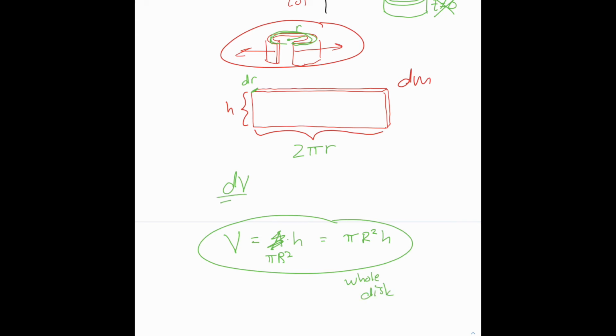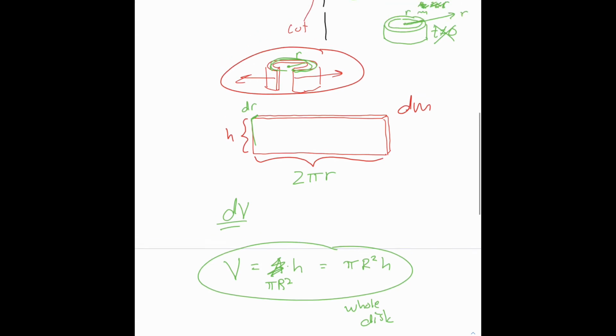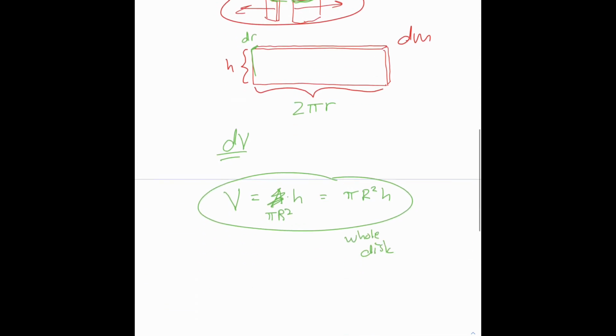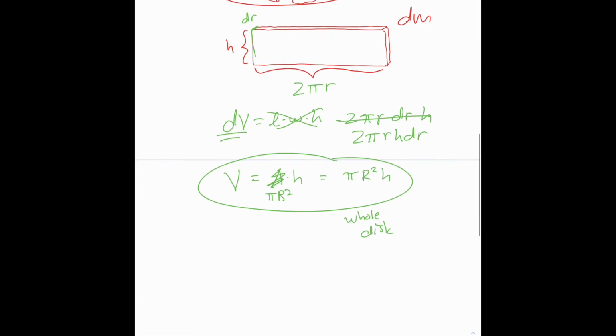So dV represents the volume of the ring that we're calling dm. And we can calculate that by multiplying length times width times height, or in other words, 2 pi r times dr times h, or 2 pi r h dr.